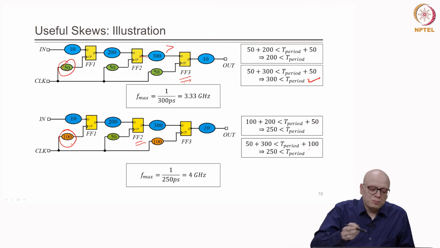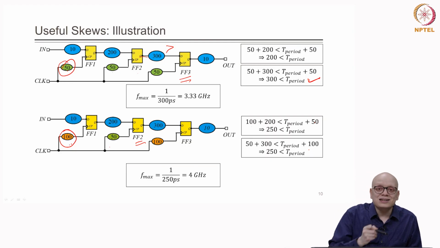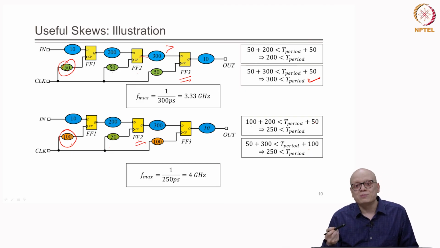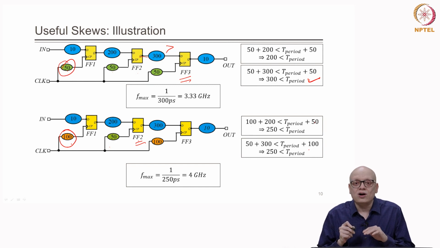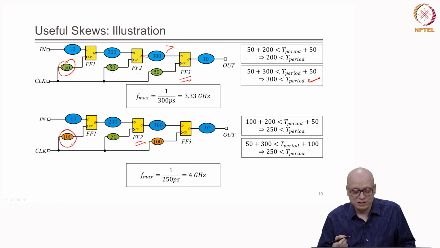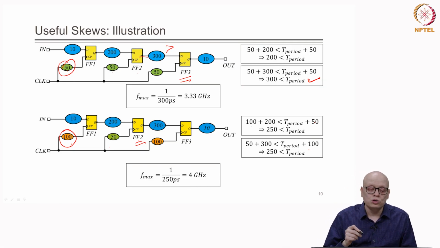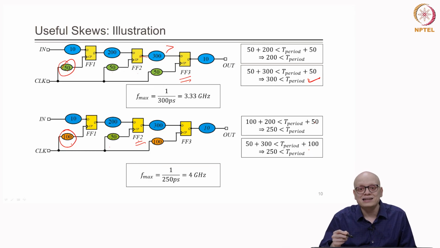If we make this delay element larger than 100, then the path ending on FF2 will become critical. Therefore there is some optimum value of the delay in the clock network that will give us the maximum operable clock frequency. So the tool which is trying to introduce this useful skew needs to come up with an optimum value. It is not that we can just add a delay element and it will lead to improvement.